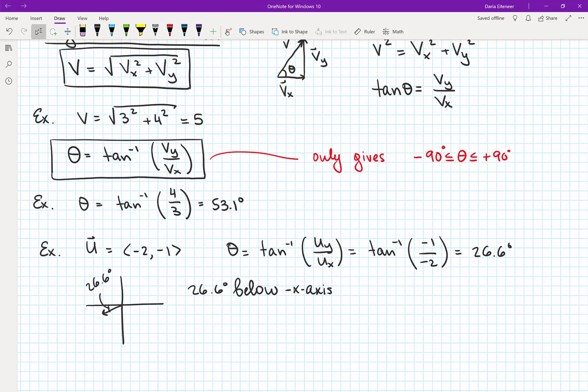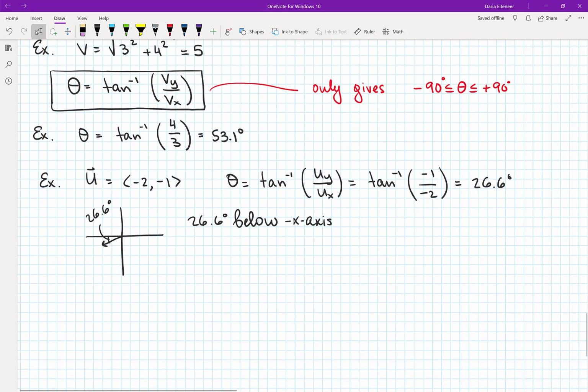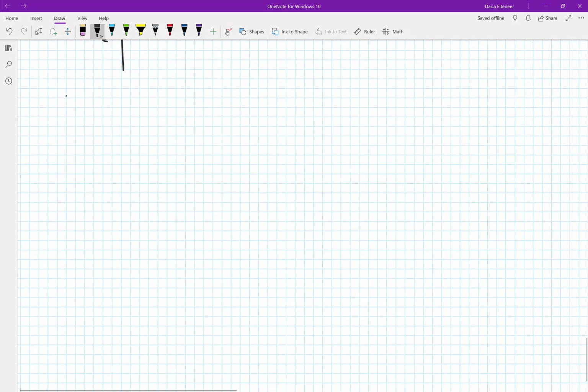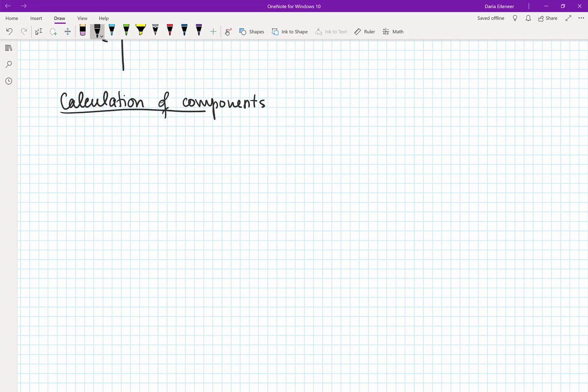Last thing to show you is how to calculate components from magnitude and direction. Calculation of components. So again, I'm going to draw my vector here, sticking with the same vector. This time, let's say that I know the magnitude is 5, and the angle is 53.1 degrees.